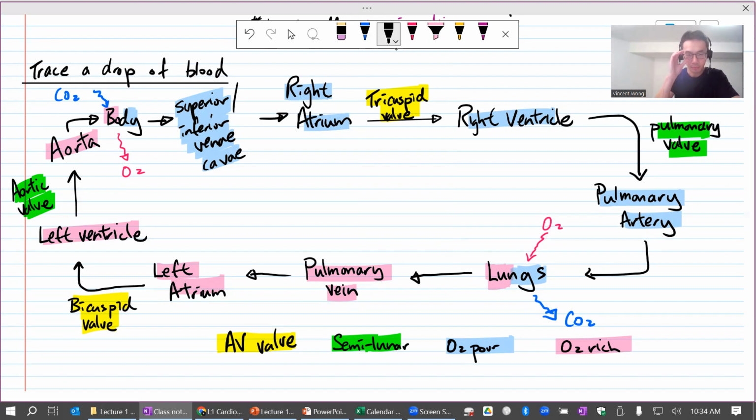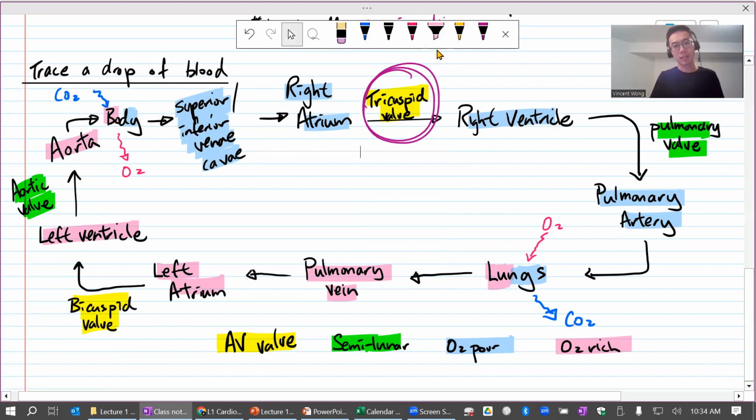Now, I will show you how to use this. If I ask you, what is the purpose of the tricuspid valve? Listen carefully. Stop copying, just listen for a second. What is the purpose of a tricuspid valve? You look at the structure that's before it. In this case, it's the right atrium. So the tricuspid valve prevents backflow of blood to the right atrium.